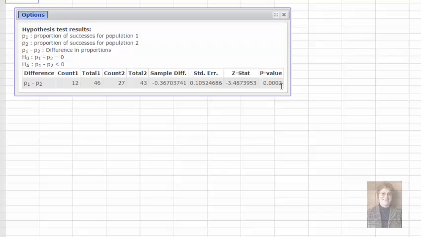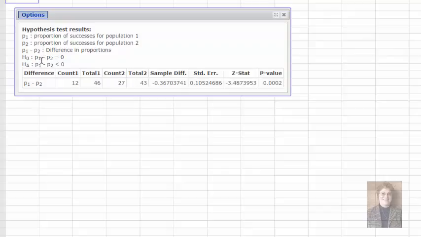I want you to be familiar with the equation and why it works, but don't feel the need to go through all the pieces to get your z-score by hand, because you can make one little math error and you're off, and then that means that your conclusions could be wrong too. So feel free to use the technology to do these things.